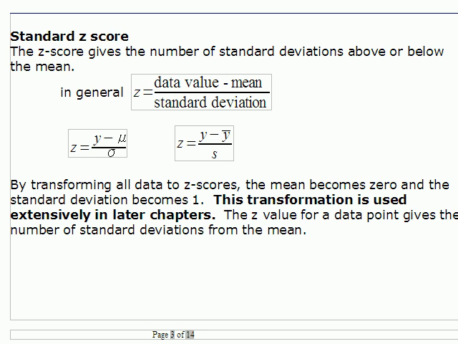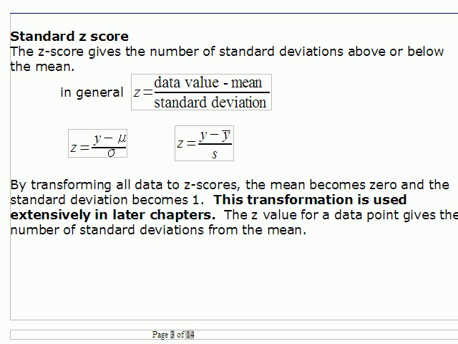So an original data value is transformed into a Z-score, and here are the formulas for it.